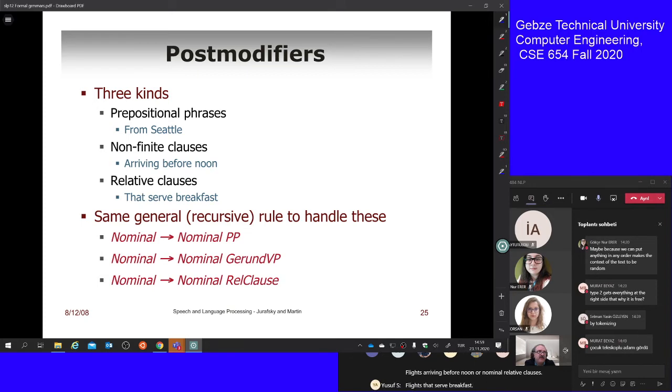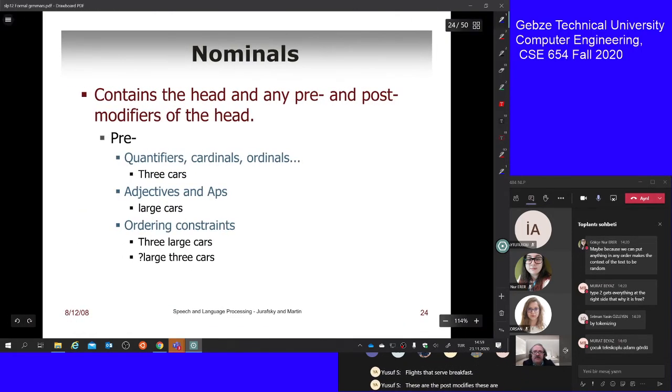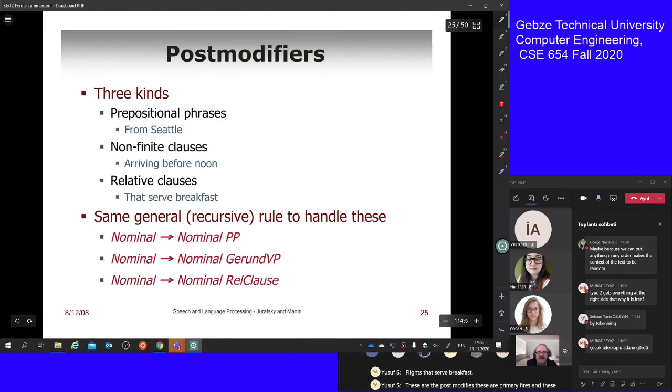These are the post-modifiers. These are pre-modifiers and these are post-modifiers, and they are all related with nominals. As I said before, nominals are the main complexities of the noun phrases in English.